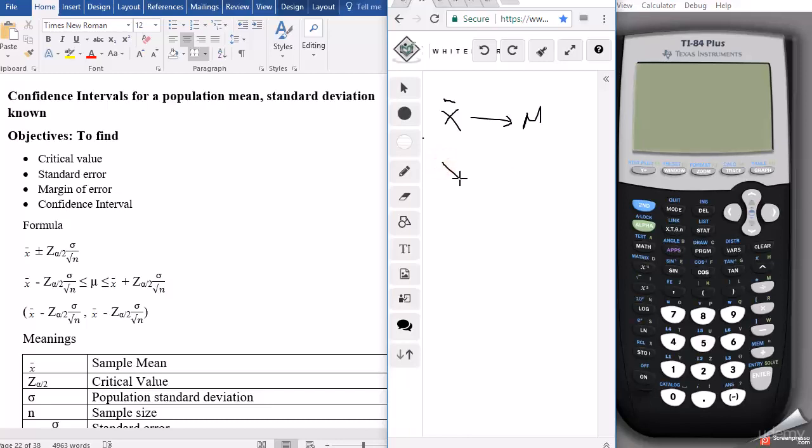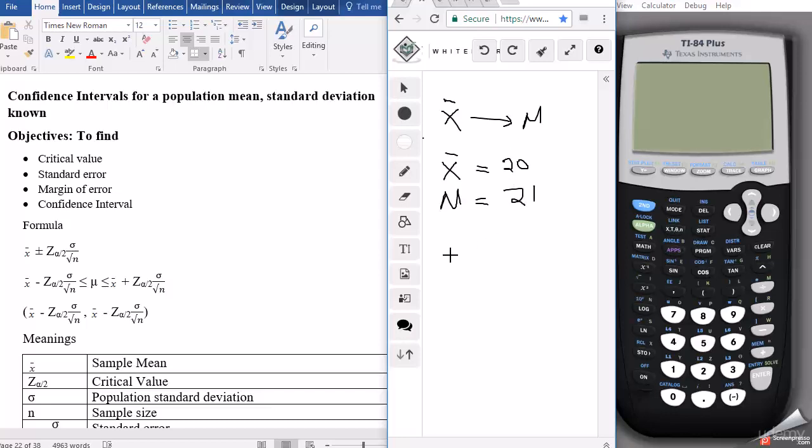Now let's say for instance that we compute the sample mean and we get a value of 20, and the true population mean is equal to 21. So you can see that the two values are not the same. The statistic, which is the sample mean, and the parameter, which is the population mean in this case, are different.